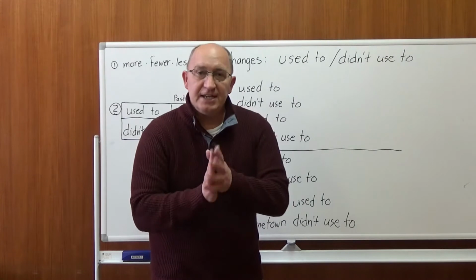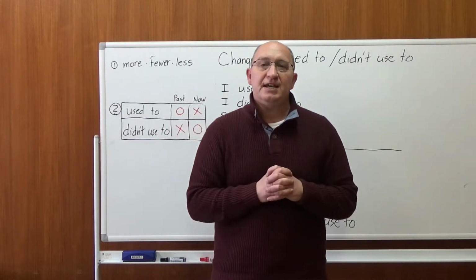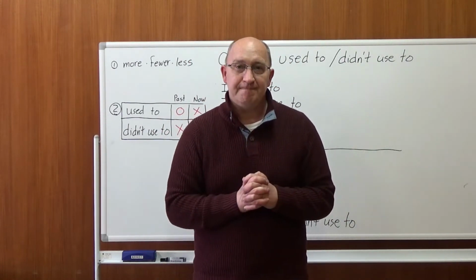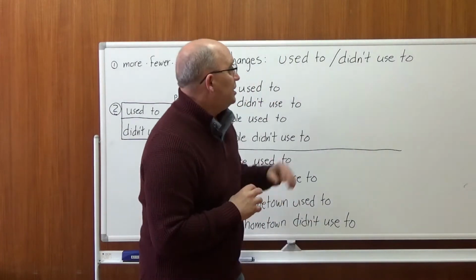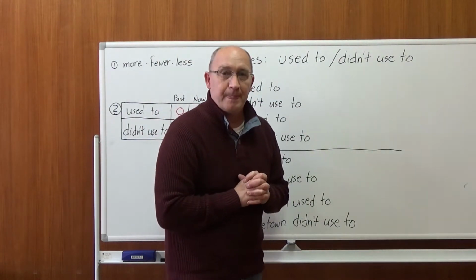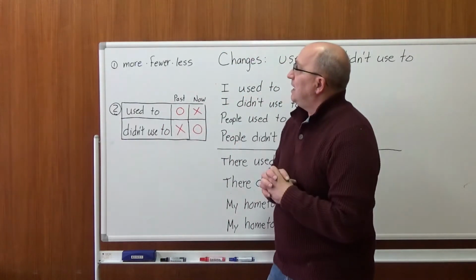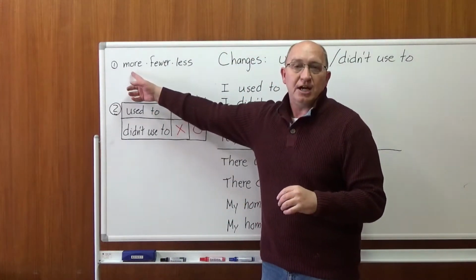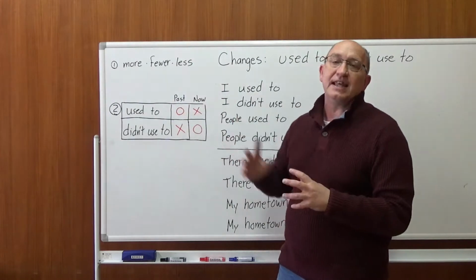Well, for today's lesson, we're going to continue this idea of changes. In today's point, we're going to use these phrases, used to and didn't used to. Now, in our previous lesson, we talked about the words more, fewer, and less.